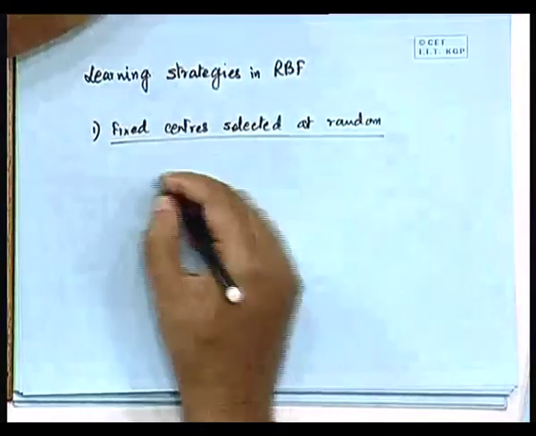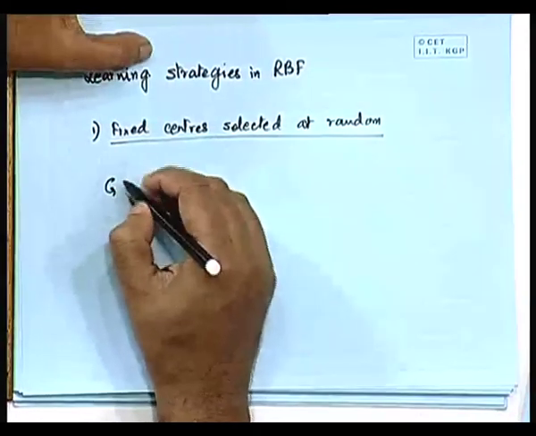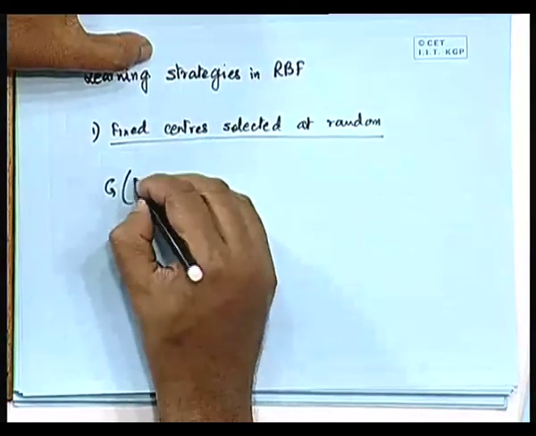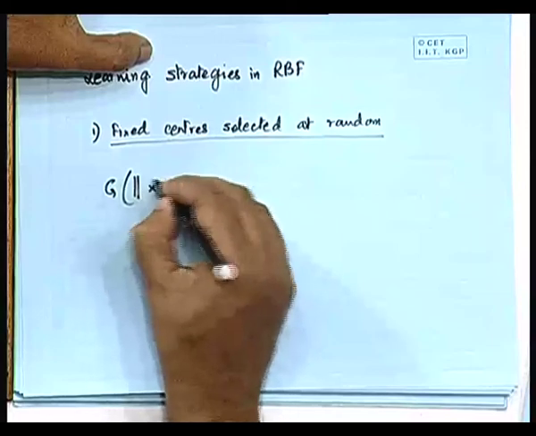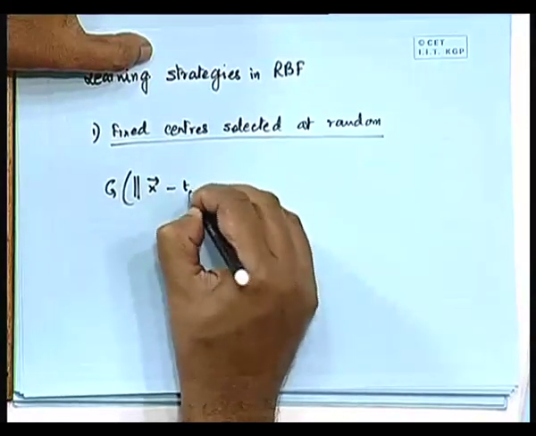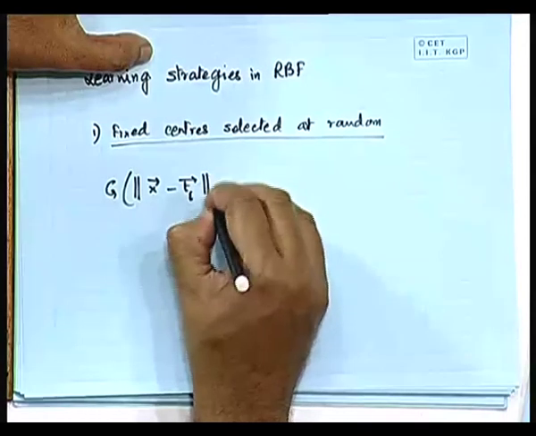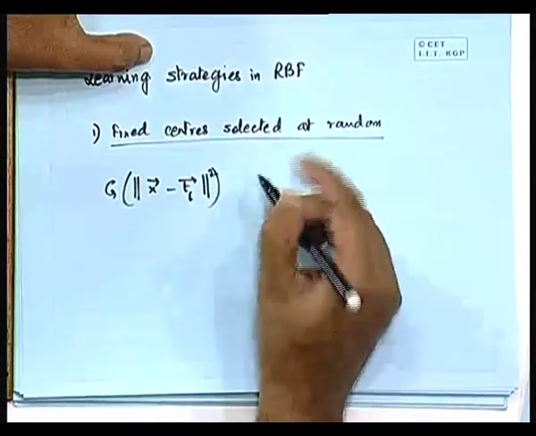There, what we do is that we choose the function g of, as argument, we take x minus ti vector, this squared.